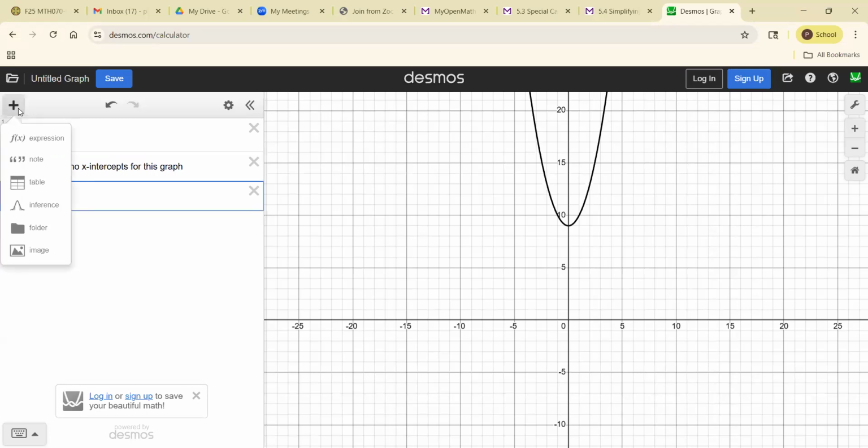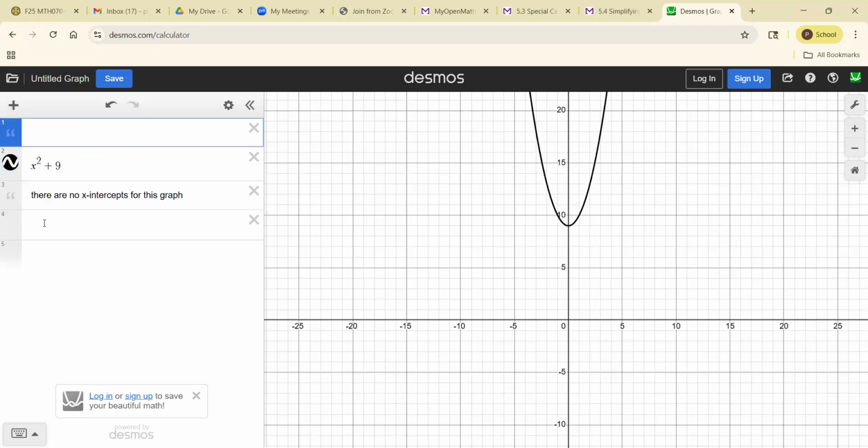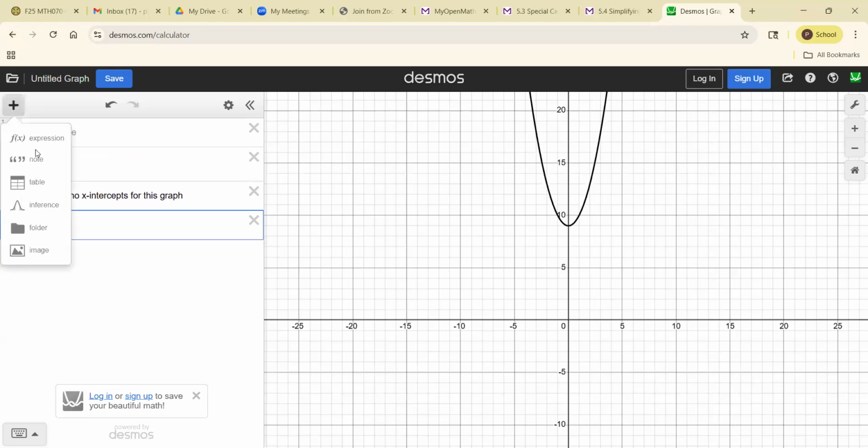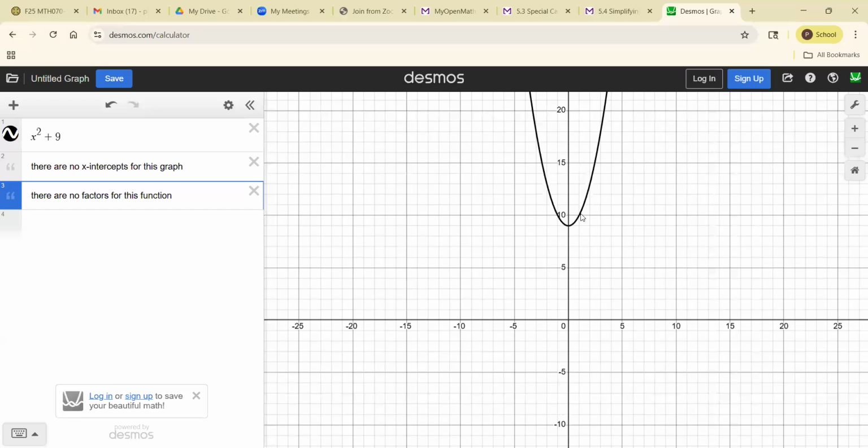And what that means is there are no factors for this function. If there are no x-intercepts for the graph, then there are no factors for this function.